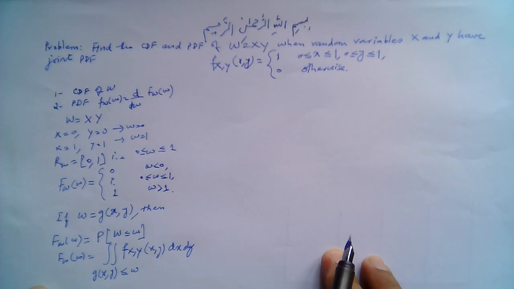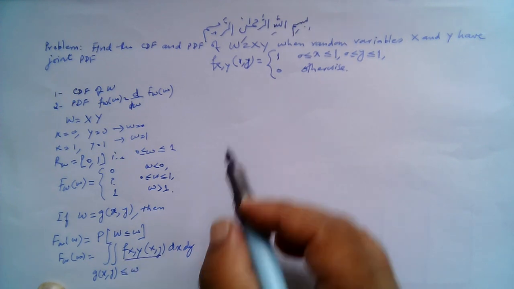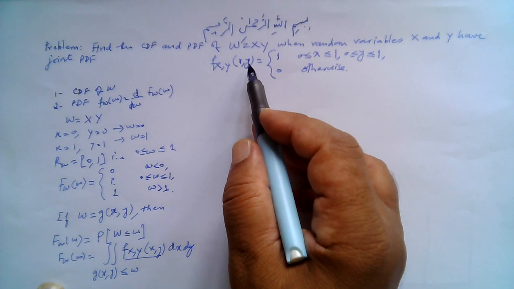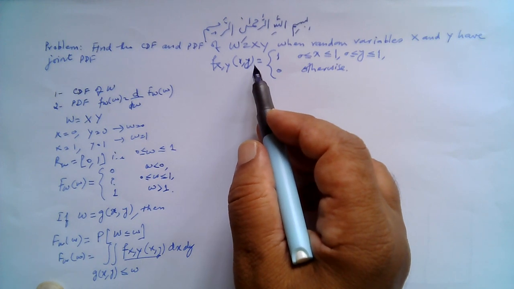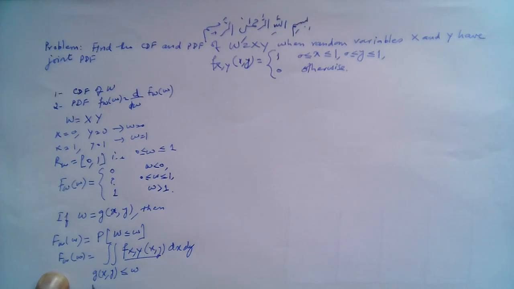So this formula gives us the CDF of the derived random variable W. We are already given the joint PDF of the random variables X and Y, and this limit here will help us determine the limits of this double integral.